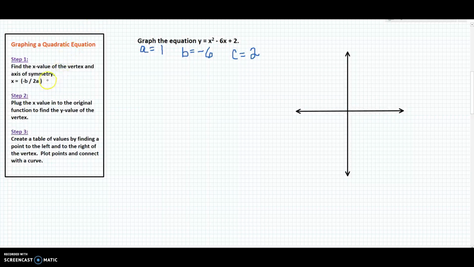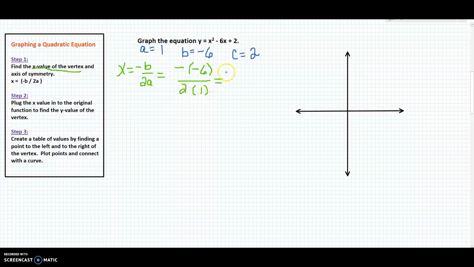The next thing we do is we have to find the x value of the vertex. And the formula for the x value of the vertex is x equals negative b over 2a. And since we already identified our a, b, and c terms, we can plug those in there. So negative b, and b is negative 6, over 2 times 1, or 2 times a.